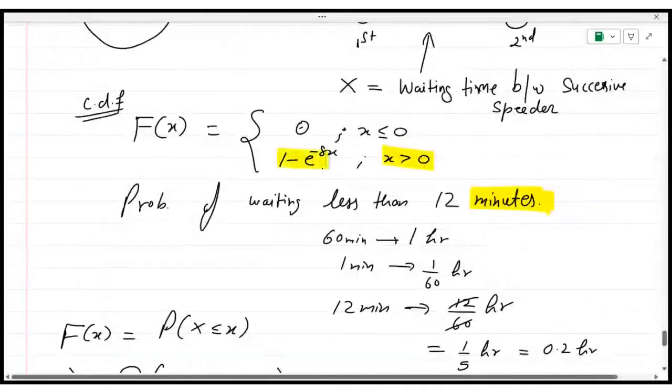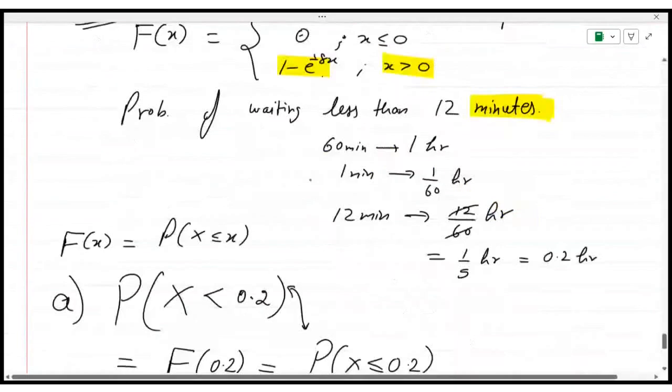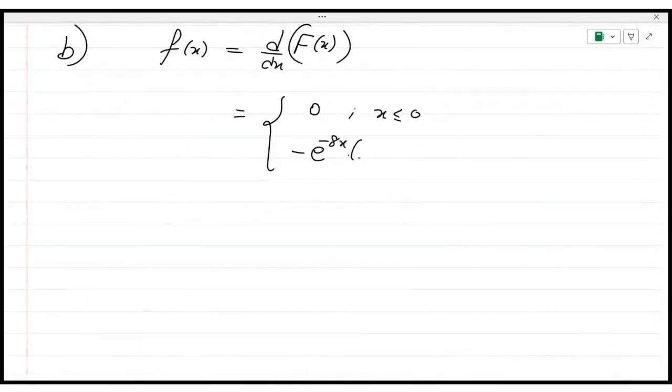The derivative of 1 is 0, and the derivative of the exponential function is itself times the derivative of the power, which is minus 8. So you will get minus e power minus 8x into minus 8 when x is greater than 0. So that is 0 when x is less than or equal to 0, and 8 into e power minus 8x otherwise.